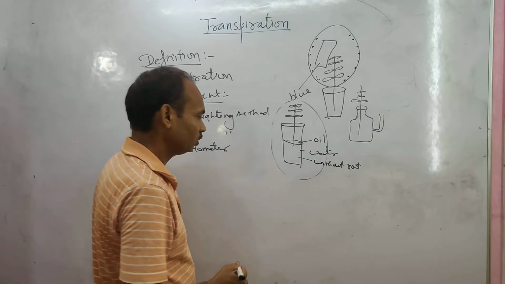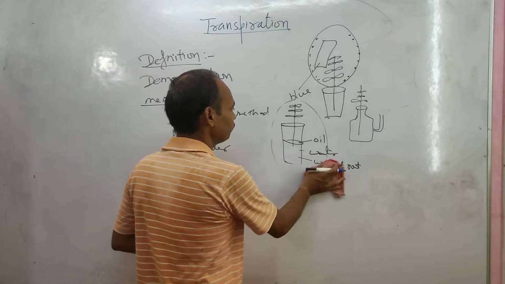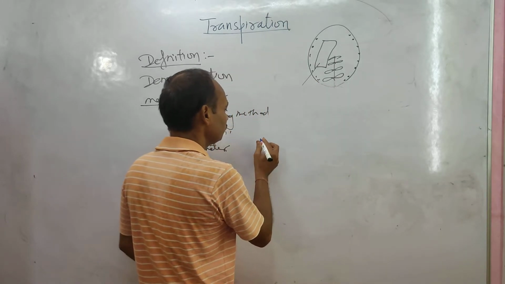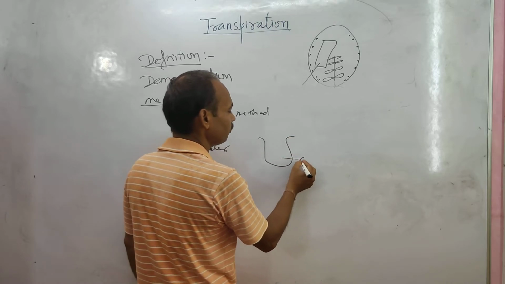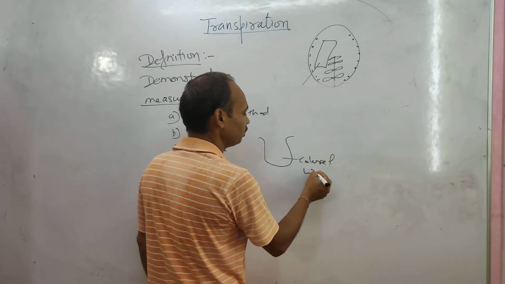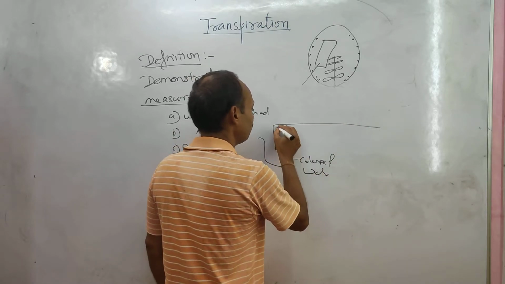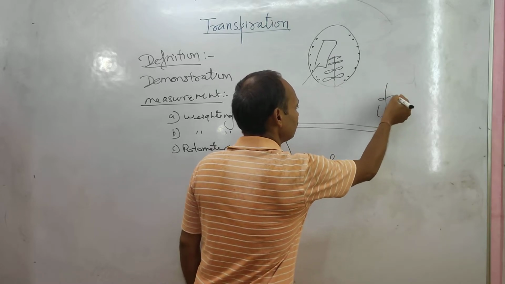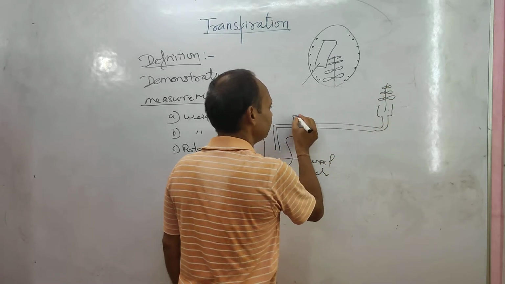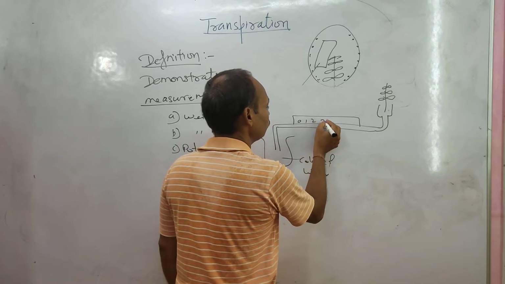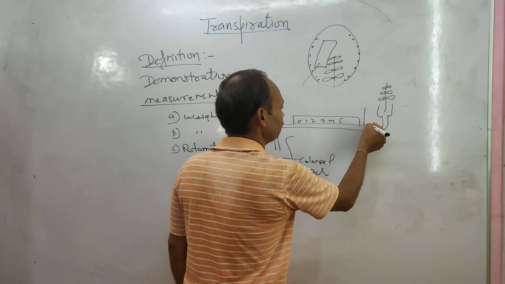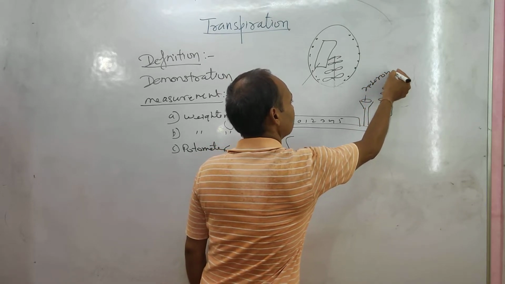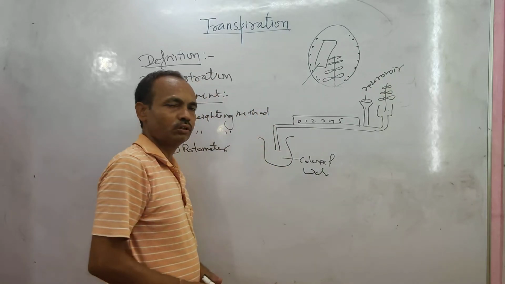The third method is the Ganong photometer. This photometer measures the rate of transpiration much more accurately. Colored water goes into a tube containing a twig, and there is a scale marked 0, 1, 2, 3, 4, 5, and a reservoir.